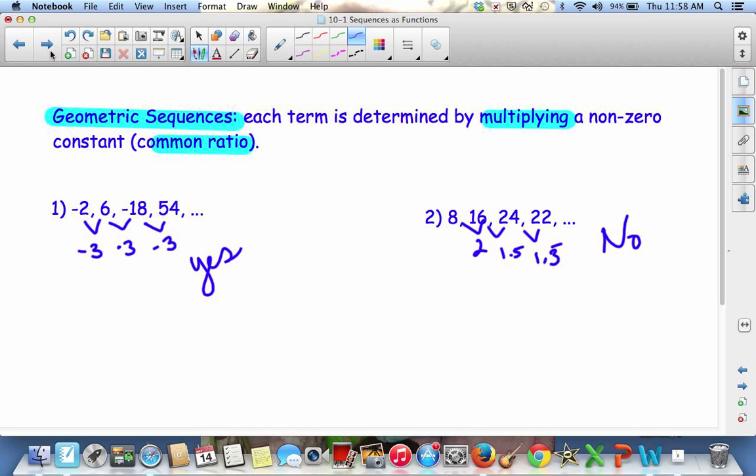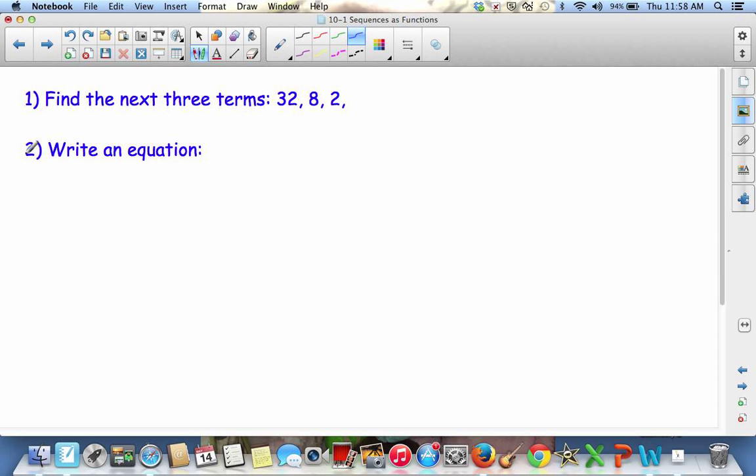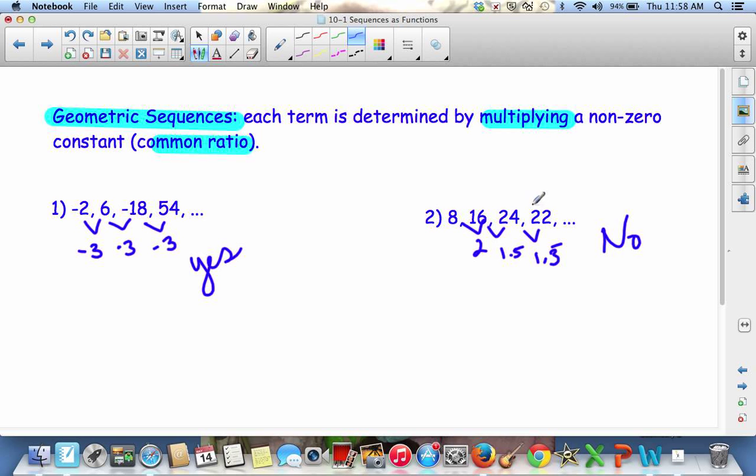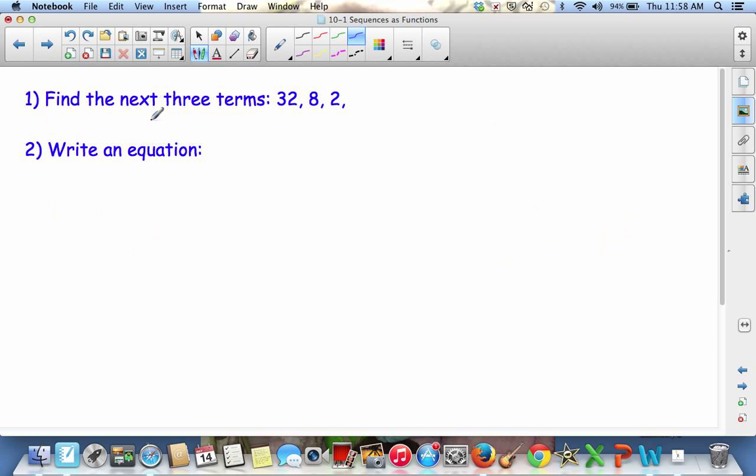Now, writing equations with geometric sequences is kind of fun. Here we have 32, 8, and 2. Oh, and I just realized this should be 32 right here, not 22. Sorry about that. So these three terms, 32, 8, and 2, what are we multiplying by each time?